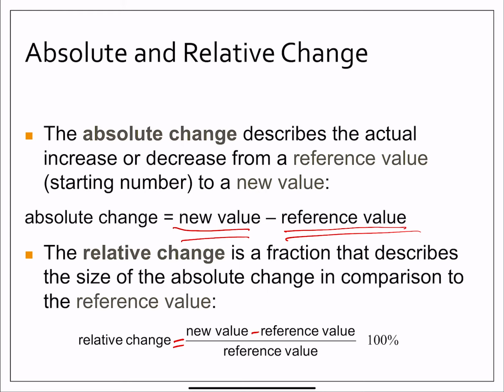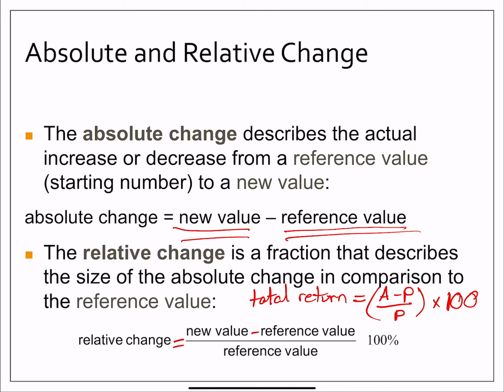And you can see that this actually looks like our total return formula. Total return is telling us the relative change. Total return was A minus P divided by P times 100, and the times 100 just turns it into a percent.